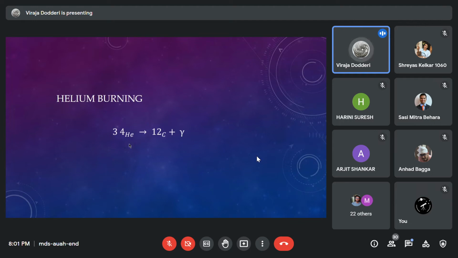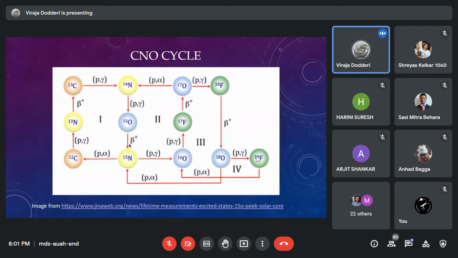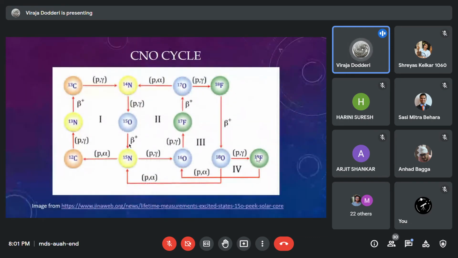And this is basically helium burning, which leads to carbon. And carbon, when it combines with helium, gives rise to oxygen, and this goes on. And this is the CNO cycle. The CNO cycle only happens in heavy mass stars.